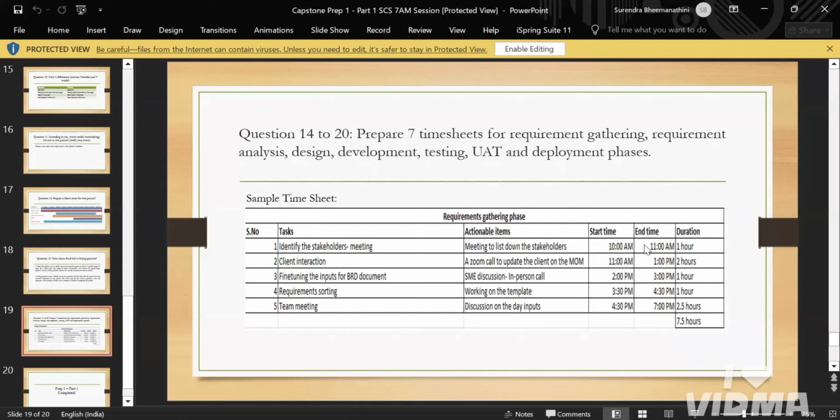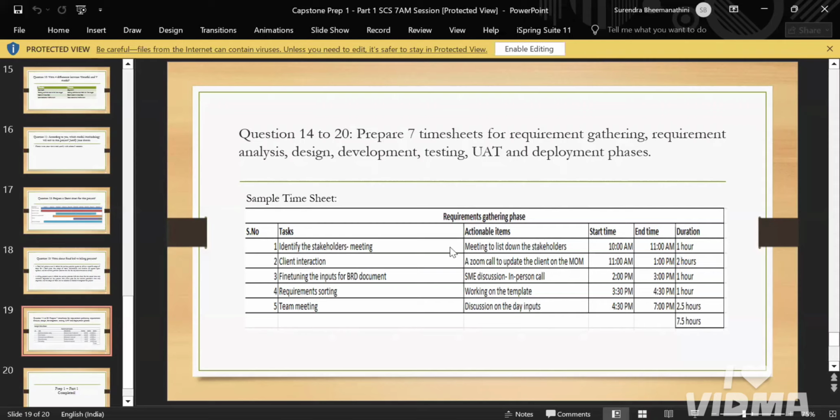You have taken 1 hour, like you have mentioned. For client interaction, you attended a Zoom call to update the client on the MOM, the minutes of meeting. You can write down when it started and when it ended, like 2 hours of time duration for client interaction.